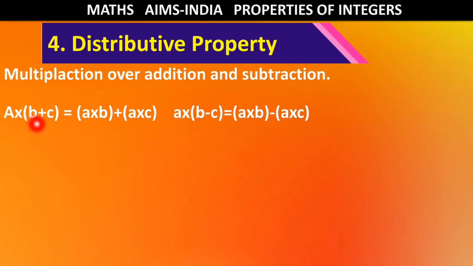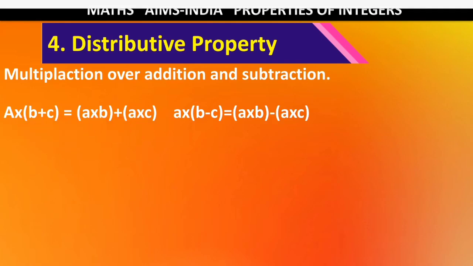First possibility is we add the integers and then multiply, or we multiply them individually and then add. Now what distributive property says is, in both cases the result should be the same.